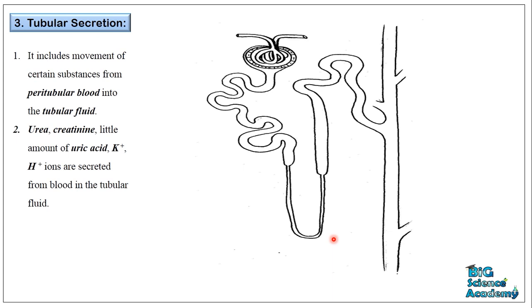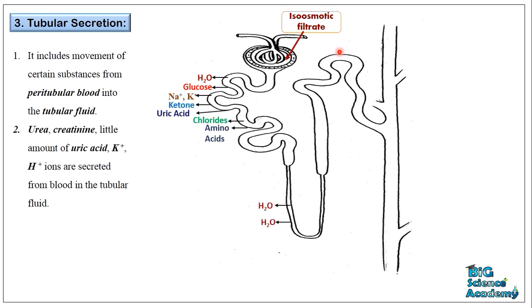Okay, from this diagram we will see how urine is formed. First, the filtrate in the glomerulus is in an isoosmotic condition. Then water, glucose, sodium, potassium ions, ketones, uric acid, chlorides, and amino acids are reabsorbed from the proximal convoluted tubules.